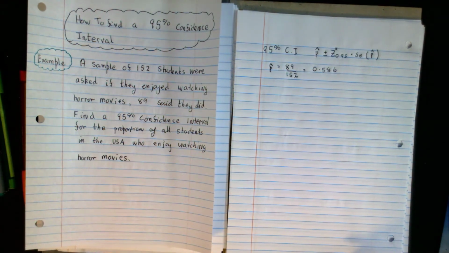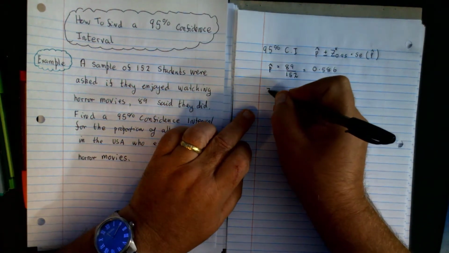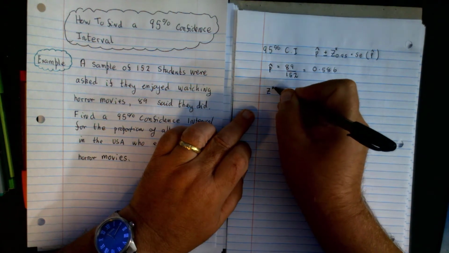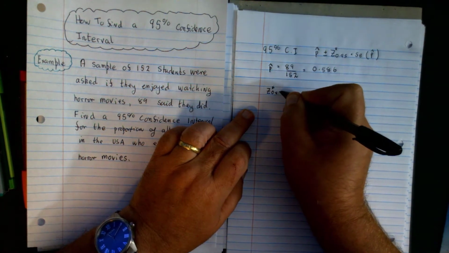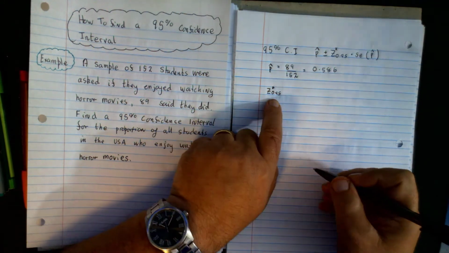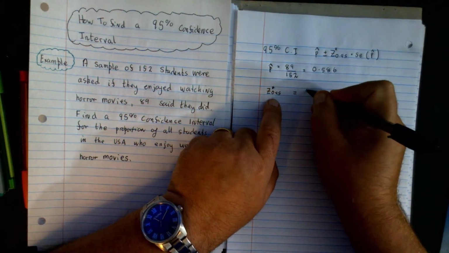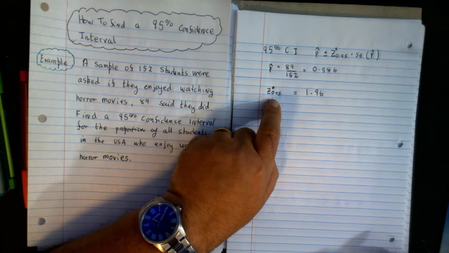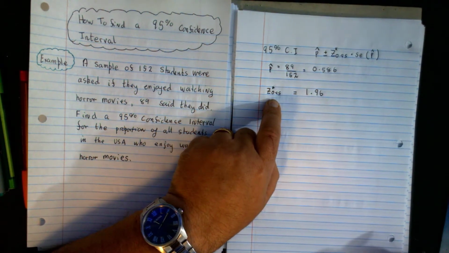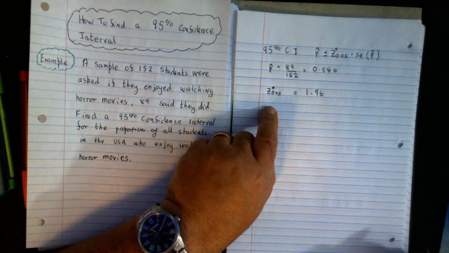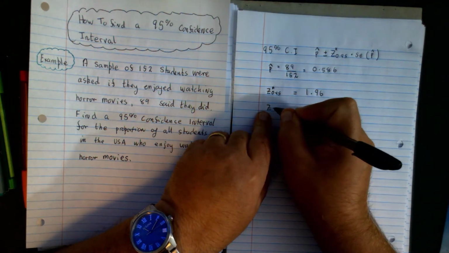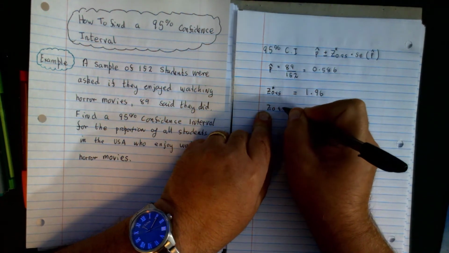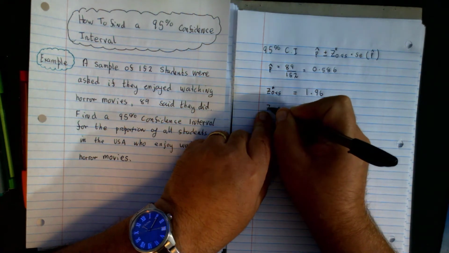The next guy is this magic z-score, which is used when you're doing a 95%. This is just something that is fixed. You can look it up in textbooks and you'll find that when you want to do a 95%, you use this one. Now, I mentioned that there were two others. If you want to do a 90% confidence interval, then this magic z-score will be 1.645.